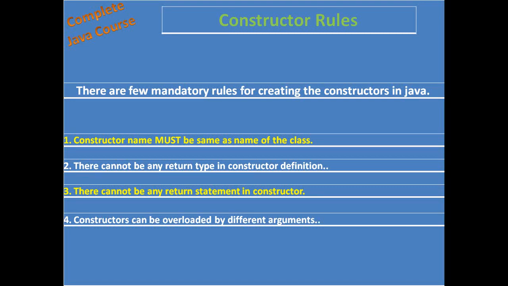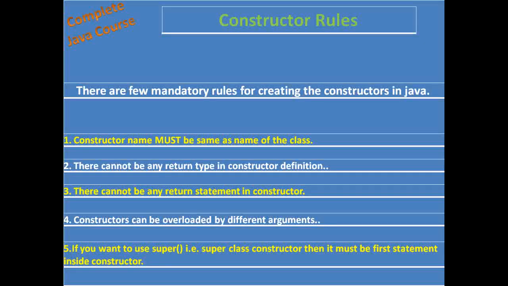What overloading and overriding are, we learn in the polymorphism concept, but here you have to keep in mind that a constructor can be overloaded by different arguments. Number 5: if you want to use super, that is the superclass constructor, then it must be the first statement inside the constructor, which we learned in my previous lecture on this and super.